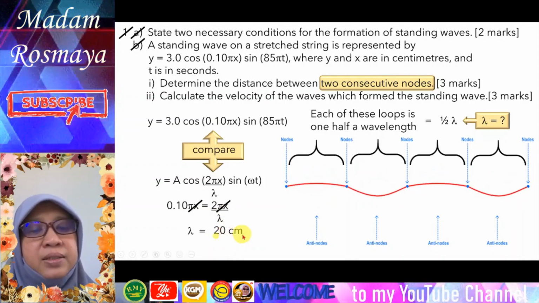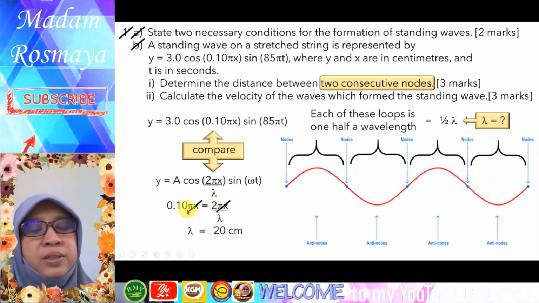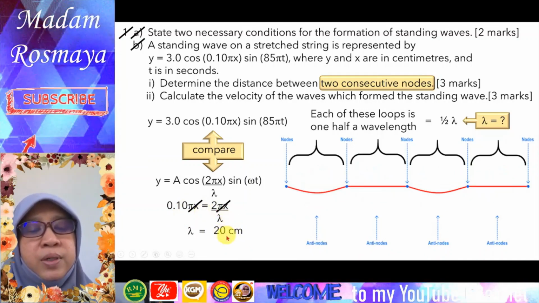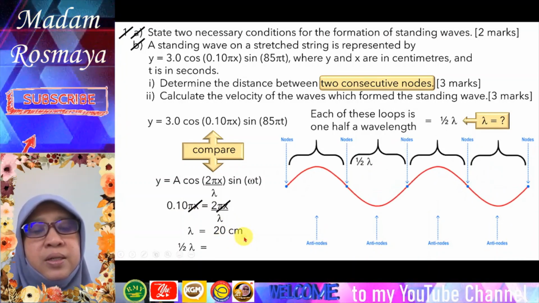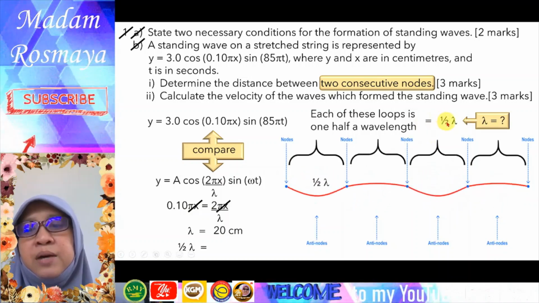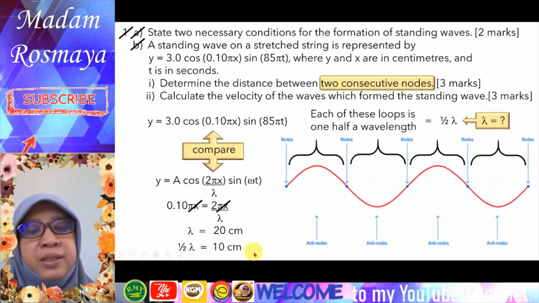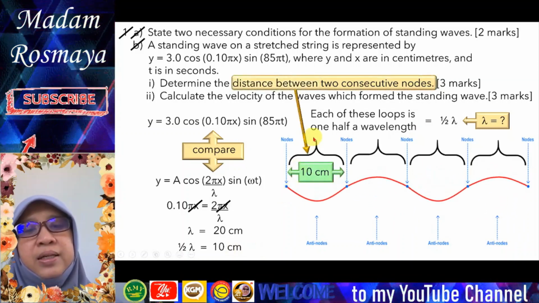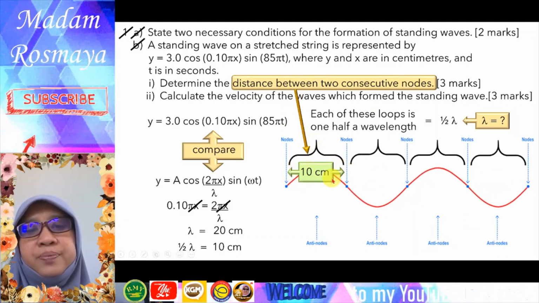So lambda is 2 per 0.10, which gives you 20 centimeters. We substitute into half lambda: half of 20 is 10 centimeters. So the distance between two consecutive nodes is 10 centimeters.